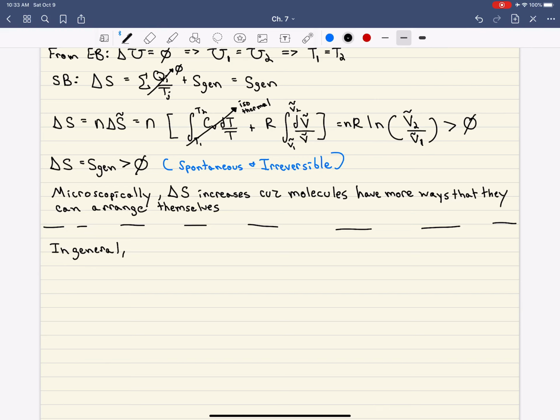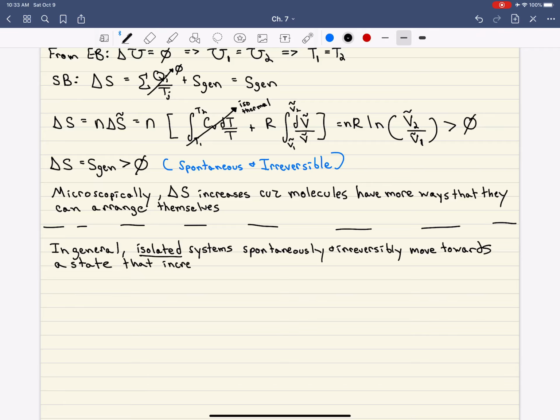In general, if we're dealing with an isolated system, isolated systems will spontaneously and irreversibly move towards a state that increases their entropy.